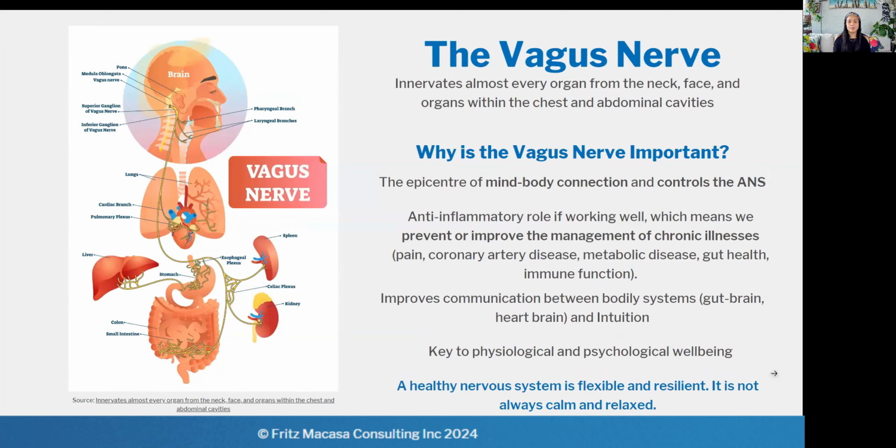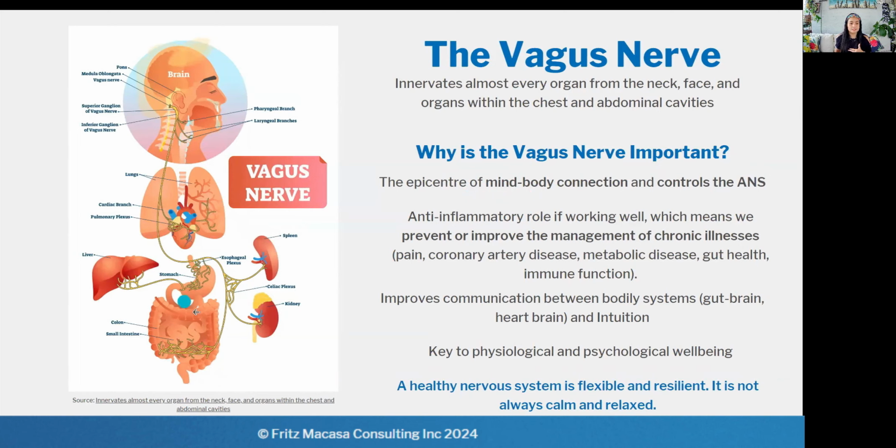Now let us talk about the vagus nerve, because this part of our nervous system is super important in terms of regulation, and the vagus nerve has been termed the nerve that is the epicenter of our mind-body connection. It is what connects our central nervous system to our peripheral nervous system.